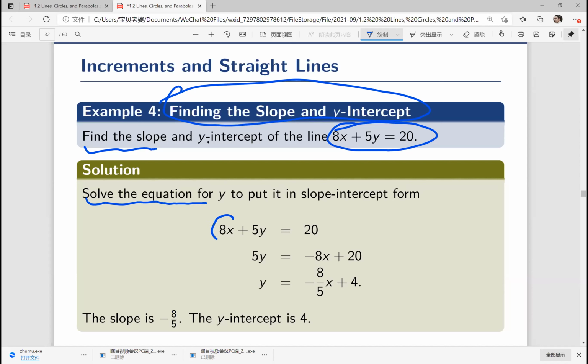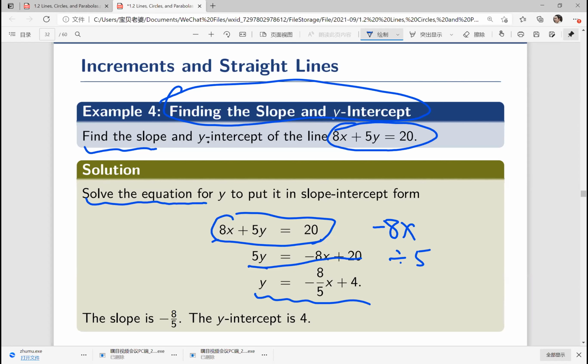If from this equation we subtract 8x on both sides, we get 5y is equal to negative 8x plus 20. And then if we divide both sides by 5, we get y is equal to negative 8 over 5 multiplied by x plus 4, right?